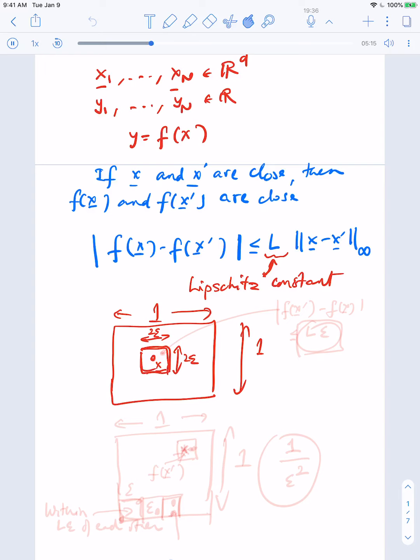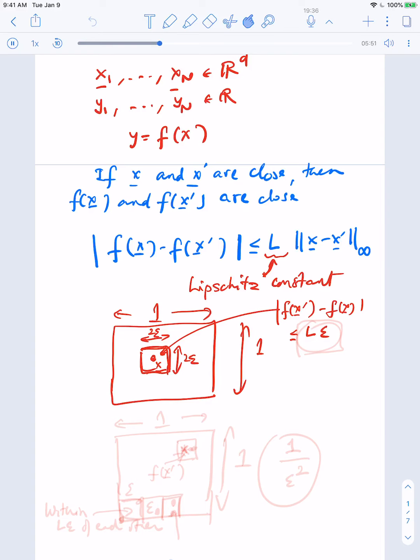So I can draw a box around it, and I can say that within this box, whatever x prime I choose, the difference f(x prime) minus f(x) is less than or equal to L times epsilon, right? And so for a given Lipschitz constant and a given level of approximation that I want, I can figure out how big these boxes have to be.